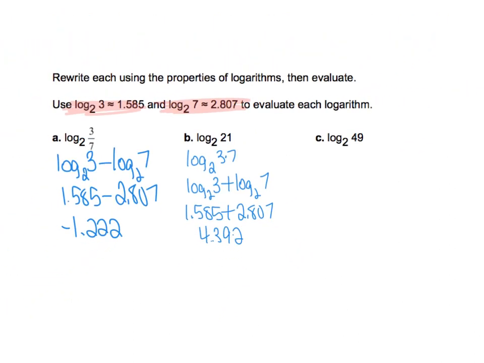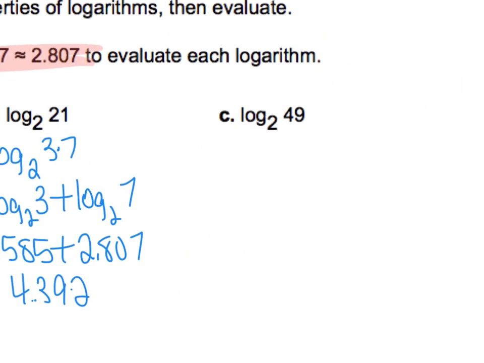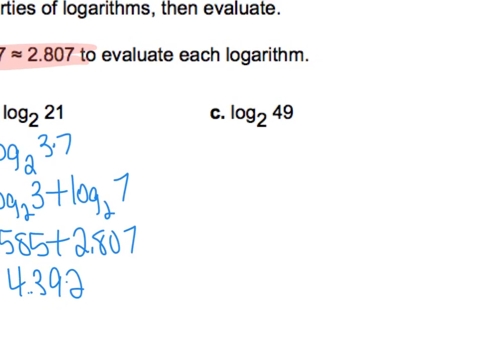Okay, and looking at the next one, if we had log base 2 of 49, well, we want to think about how we can write 49. So it's written in terms of either 3 and or 7. Well, 3 doesn't even go into 49, so we need to think about it as 7. There are two thought processes of how you could do it.